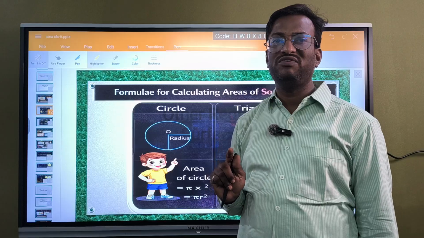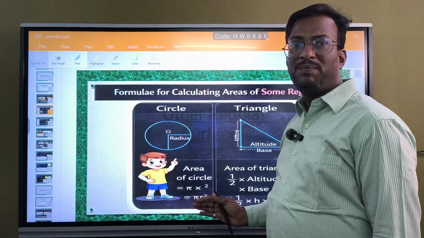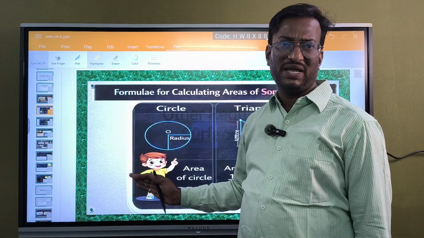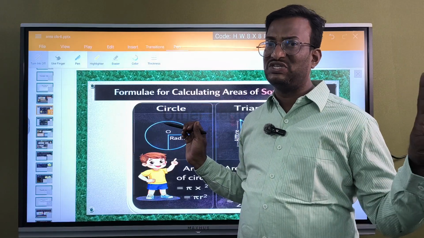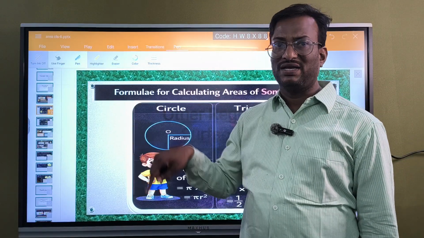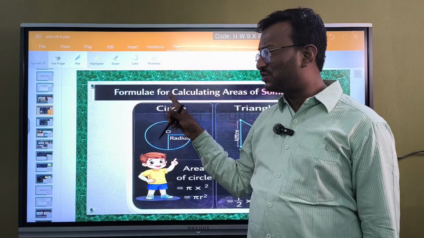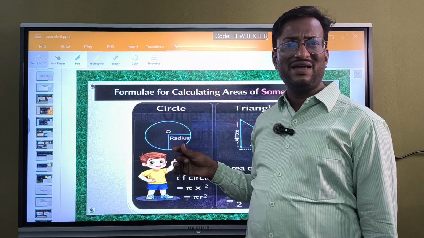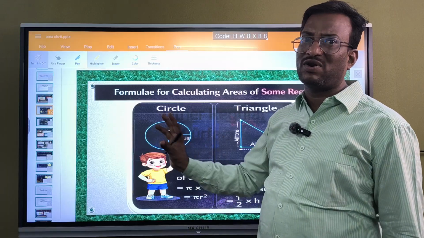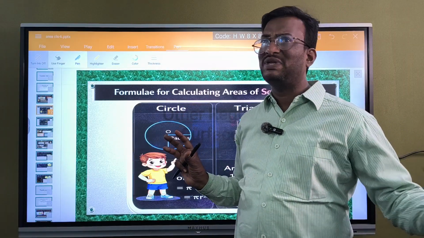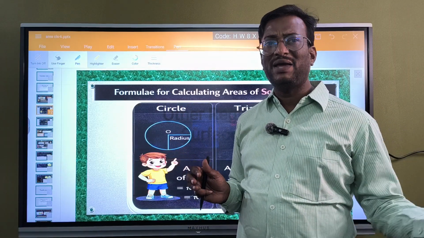Two-dimensional in the sense the body which is present in a plane. Plane means your blackboard is a plane. If you write anything on the blackboard, that is the two-dimensional concept. A square is two-dimensional, a triangle is two-dimensional, a rectangle is two-dimensional. All the shapes that we are going to draw on our board are two-dimensional concepts. What is three-dimensional?